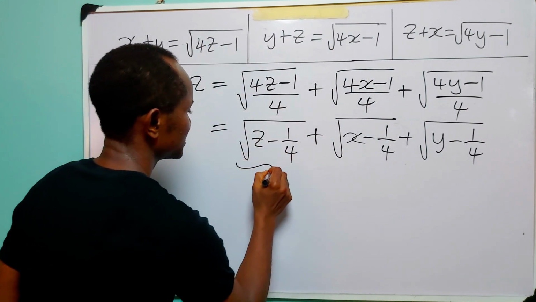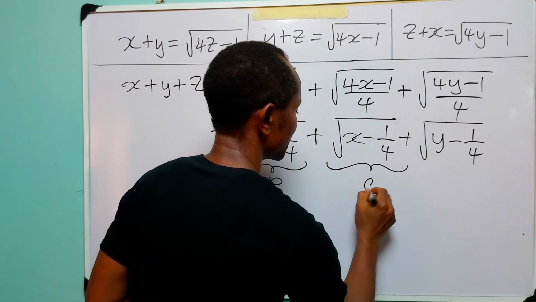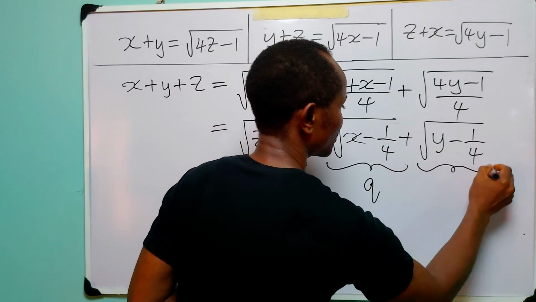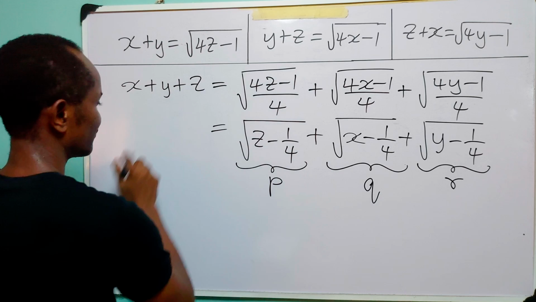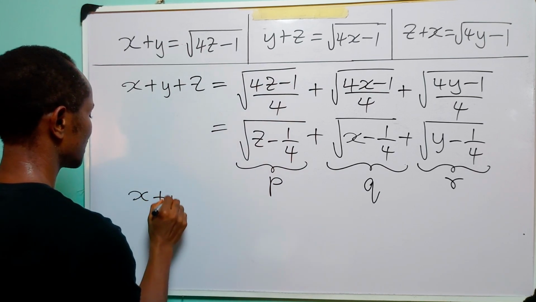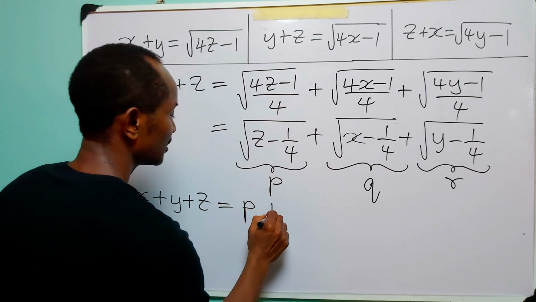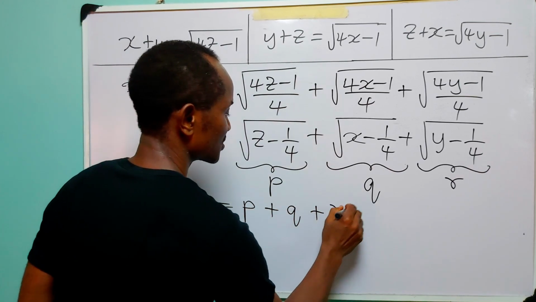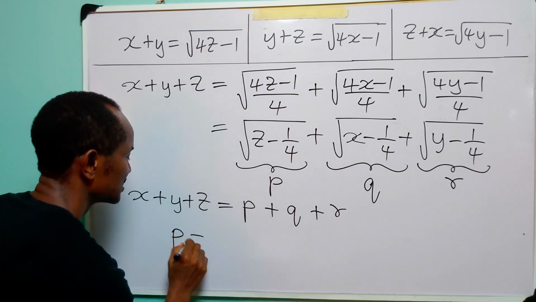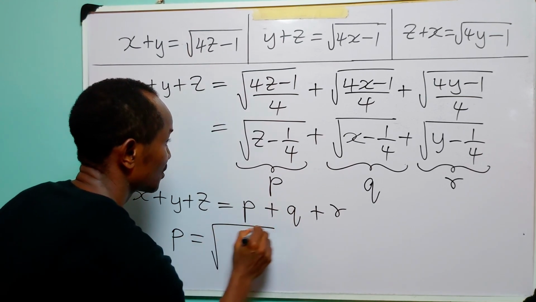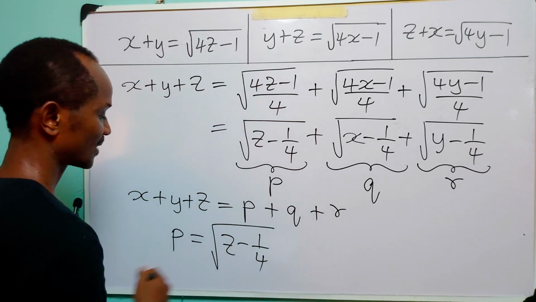Now let us call this quantity P. Let us call this Q. And let us call this R. With this substitution, we have that x plus y plus z is equal to P plus Q plus R. Now we can see that P is equal to the square root of z minus 1 over 4.